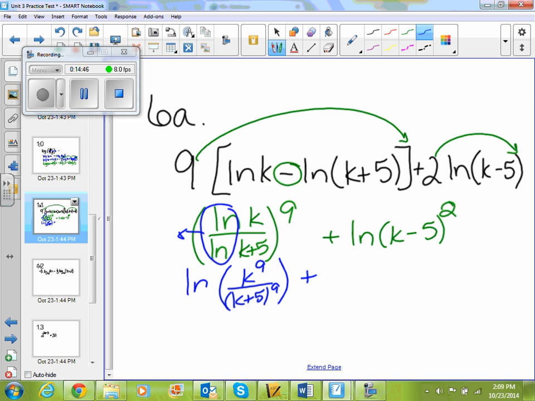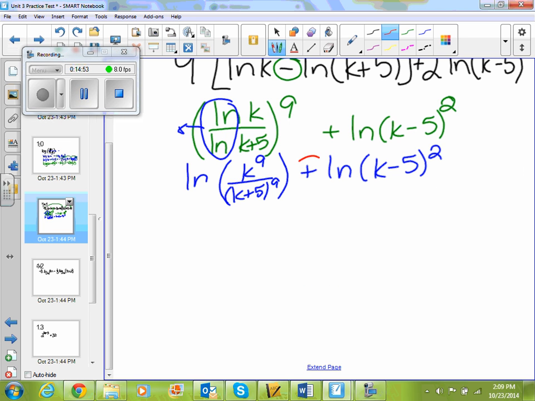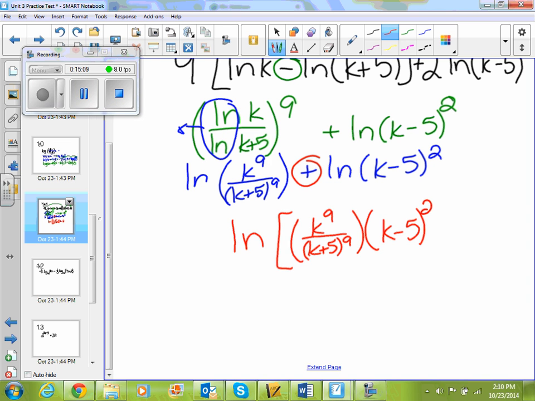And then I still have plus natural log of k minus 5 squared. And then the last thing that I know is that addition changes to multiplication. So I know that this is really like natural log of k to the 9th over k plus 5 to the 9th, all times k minus 5 squared. So what's in red would be your final answer once you condensed it.